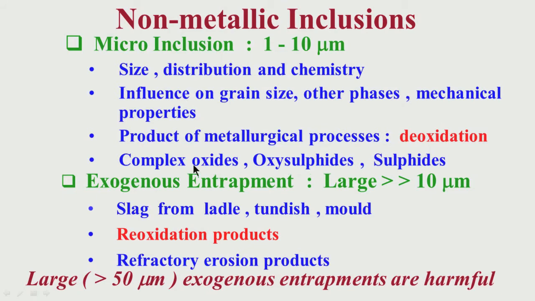We might get complex oxides, we might get sulfides. If we have more sulfur in steel, and we have manganese, we might get manganese sulfide in steel. As I have told you, the presence of manganese sulfide is better than iron sulfide, because iron sulfide has a low melting point; it might cause incipient fusion, the melting point of the steel comes down, and there are many problems. So, manganese sulfide is better than iron sulfide.